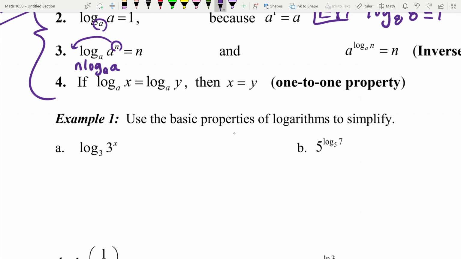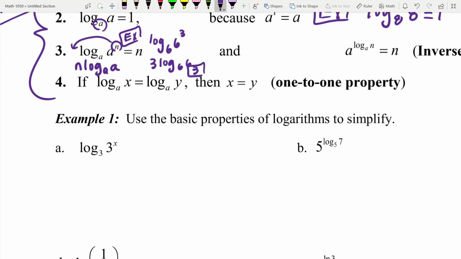Let me give you an example. Log base 6 of 6 raised to the 3rd. That's a little example explaining rule 3. Pull the 3 in front. So you have 3 times log base 6 of 6. Everybody in the room, tell me, what is log base 6 of 6? 1. And then 1 times 3 is 3.